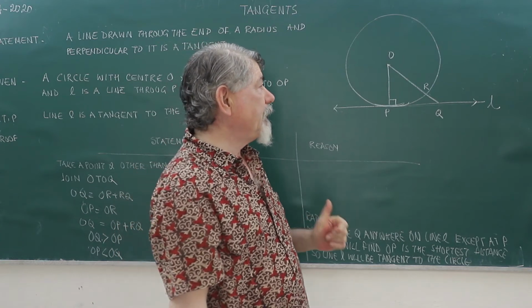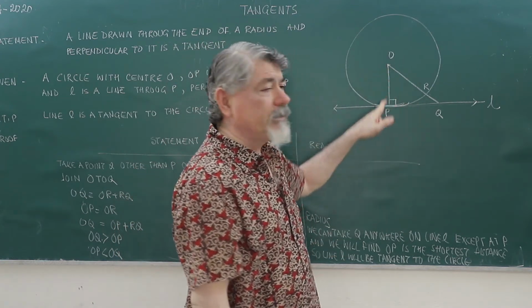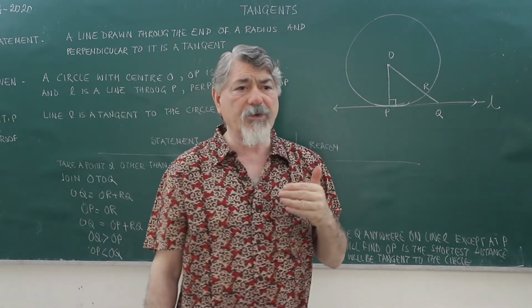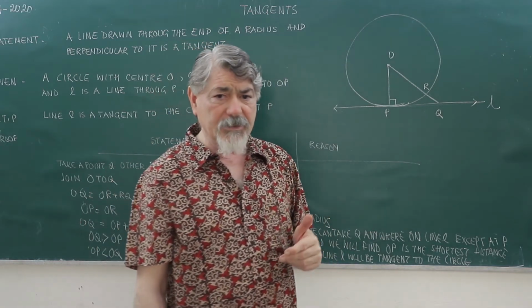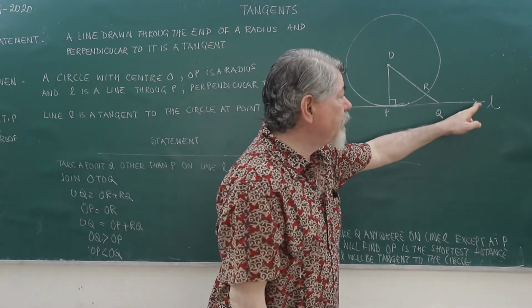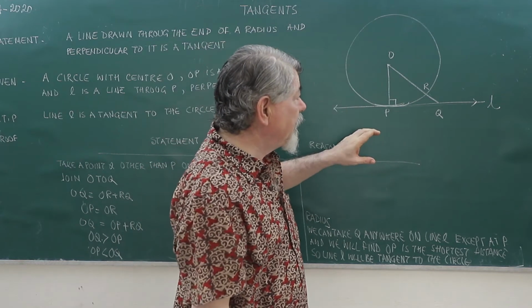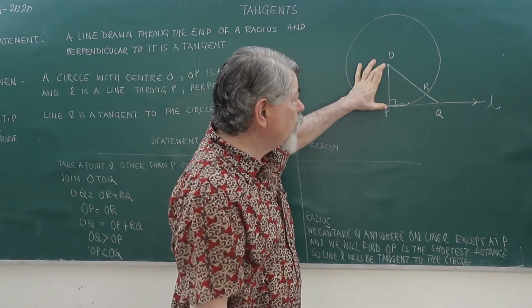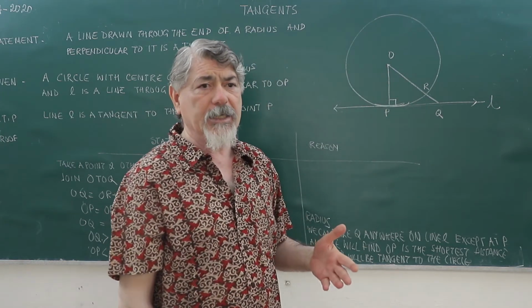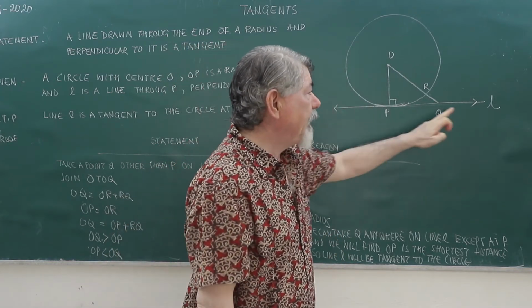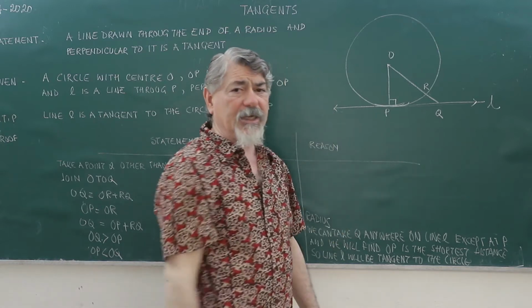And we will realize that OQ will be greater than OP, so for any line we draw from the center of the circle to any point on L, the length OP will be the shortest distance amongst all the lines which we can draw from O to line L.